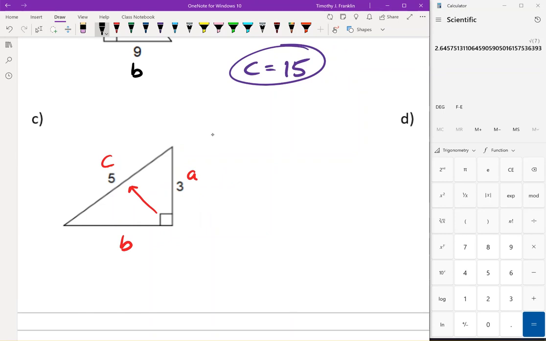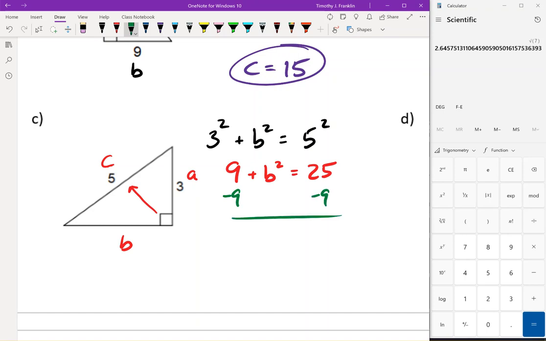So a squared would be 3 squared plus b squared equals c squared, which is 5 squared. So that's 9 plus b squared equals 25. And if you subtract 9, we get b squared equals 16. Take the square root, and b equals 4.